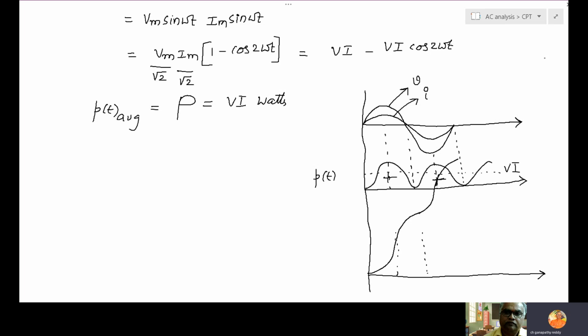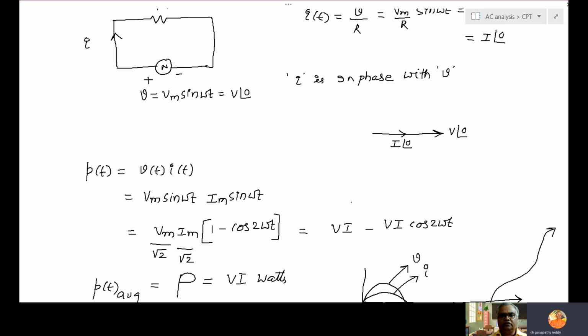So like that it will go. This energy is the integration of p(t), or I square R, or V square by R. So why is it increasing continuously? Because power is always positive. Always positive means cumulatively the energy increases. So a resistor is always dissipating positive power. Power into time is energy, so energy also increases. That is the meaning.